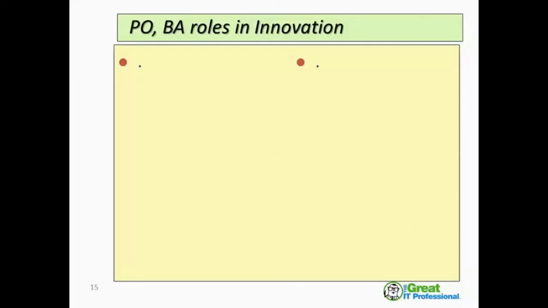Okay. Or different, or how does that work? Do they work in the same directions, or are they somewhat conflicting? Okay, should be aligned. Okay. Should be isn't always the same as is, unfortunately, correct? What else? Should be aligned in innovation.